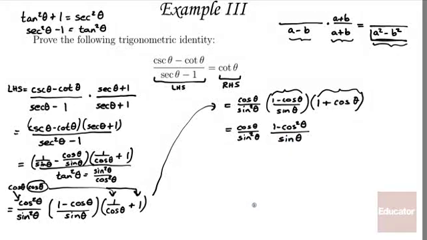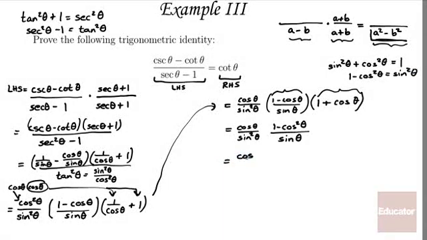Well, now we're going to use the other Pythagorean identity, the original one, which I'll write over here. Sine squared theta plus cosine squared theta equals 1. And so if you switch that around, 1 minus cosine squared theta is sine squared theta.